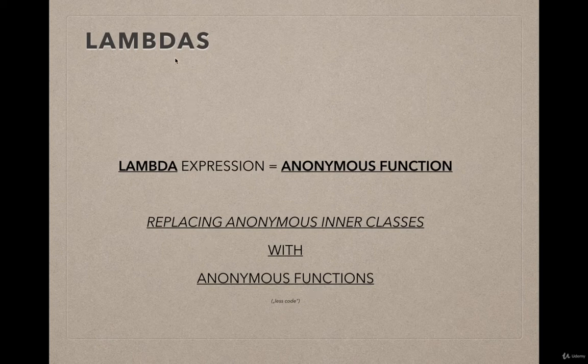The reason why lambdas were introduced into Java was because they wanted to have a way in which they can replace anonymous inner classes with anonymous functions. Why do they want to do that? Because they want to write less code. A class is much more code than a function, so now you have anonymous functions instead of anonymous inner classes.